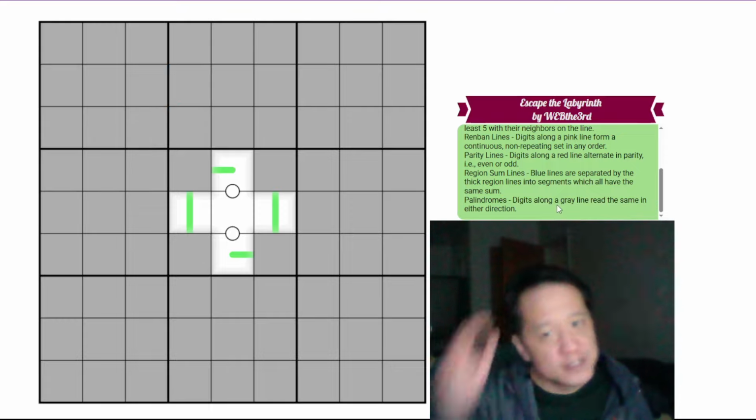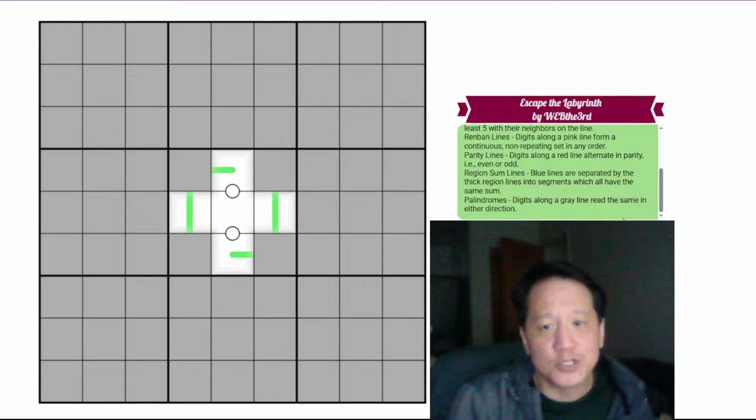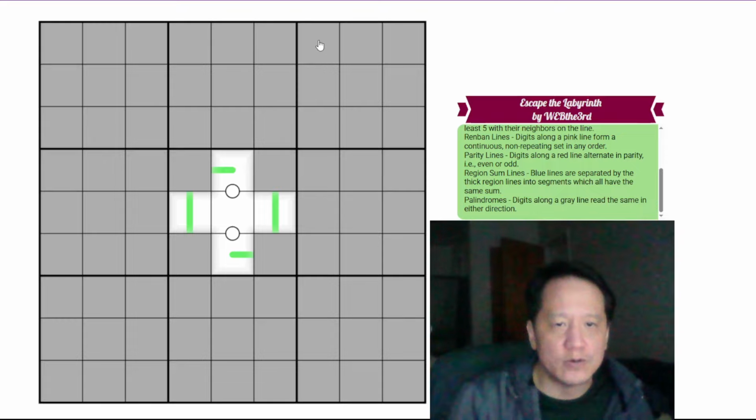We have region sum lines, where blue lines are separated by thick region lines into segments which all have the same sum. So as an example, we could have something like this. Let's just go with this.